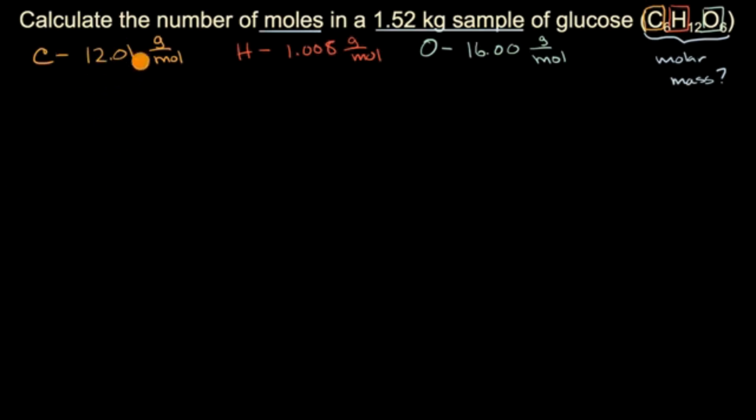So the molar mass of glucose is going to be 6 times the molar mass of carbon, plus 12 times the molar mass of hydrogen, plus 6 times the molar mass of oxygen.